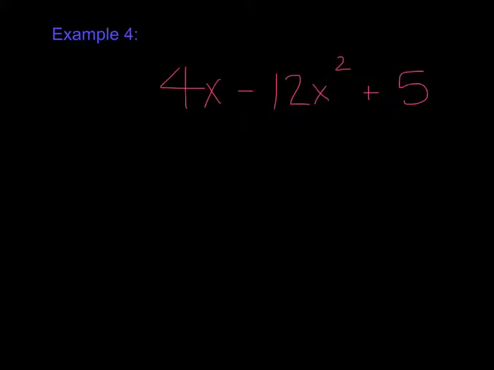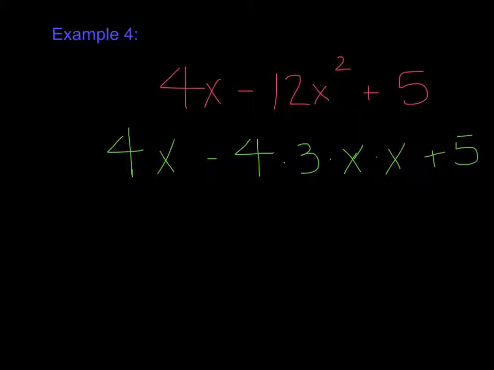My last expression, 4x minus 12x squared plus 5. If I expand this, I get 4x minus 4 times 3 times x plus 5.